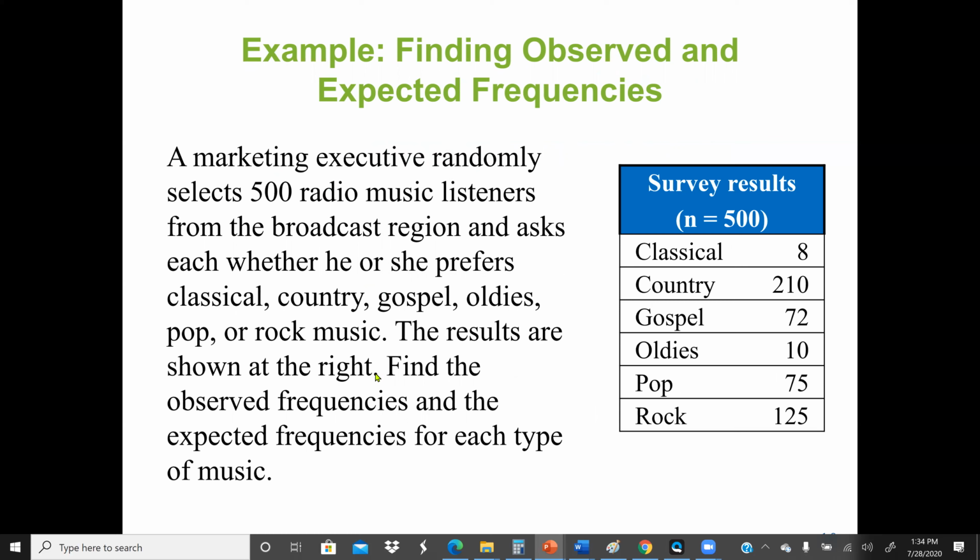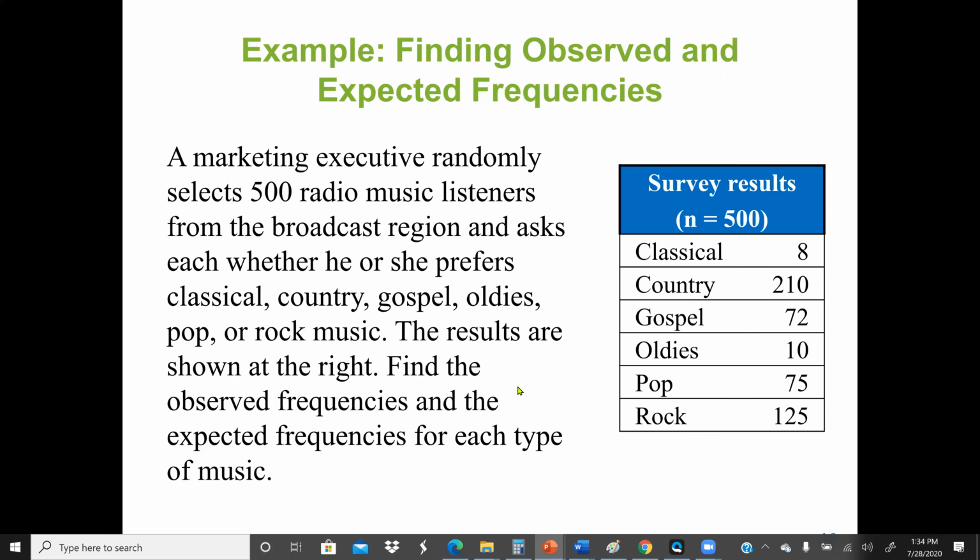The results are shown at the right. They gave us the survey result with the number of trials, 500, and the categories. Out of the 500, the sample size, 8 is classical, 210 is country, 72 is gospel, 10 is oldies, 75 is pop, and 125 is rock.